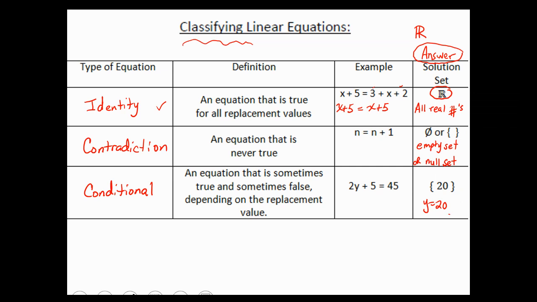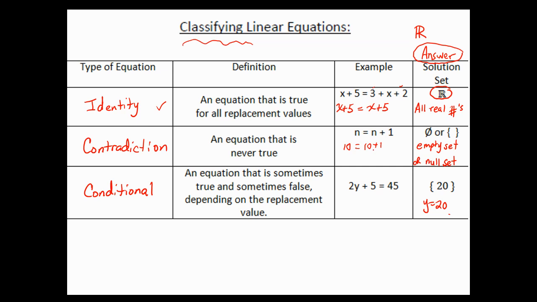And your answer to me is this letter R, or you can write out all real numbers. Every single number, even fractions, decimals, any kind of number will work. A contradiction is an equation that is never true. So if you want to choose a number for n here, say 10, and I'm just making up 10 because I feel like it, is 10 equal to, plug it in again, 10 plus 1?